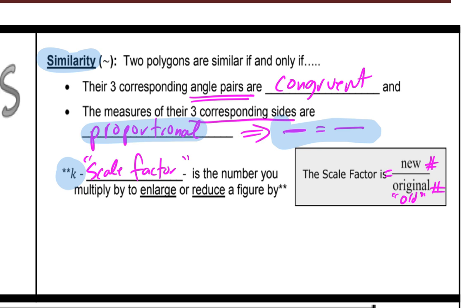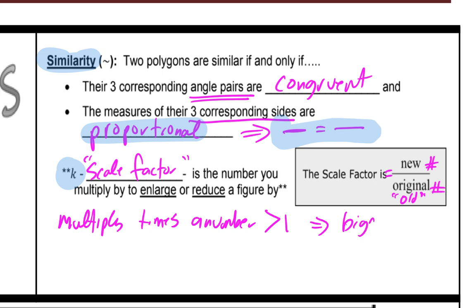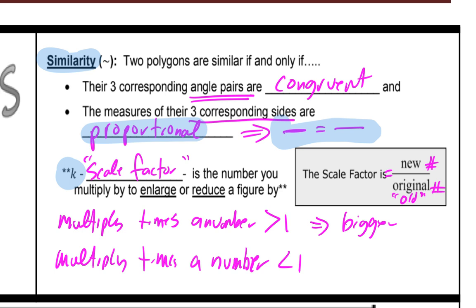If we multiply times a number that's greater than 1, the result is bigger. If we multiply by a number less than 1, so we can think fraction, then that makes it smaller.